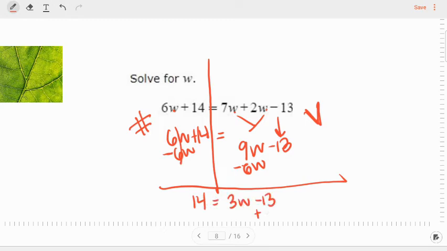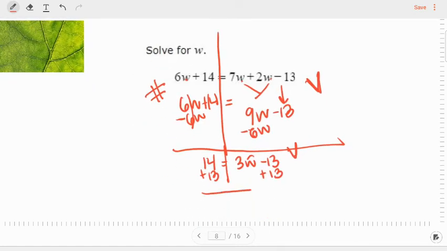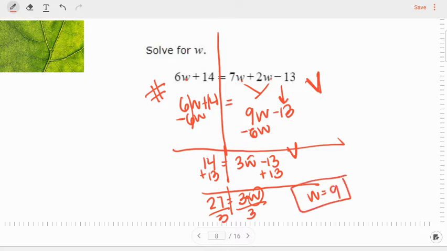And then, since this is my variable side, get rid of anything that doesn't have a variable. This is minusing 13, so I'm going to add 13. Total everything up. I get 27 is equal to 3w. I'm going to get w by itself by dividing because that's multiplication, and I'm left with w is equal to 9. A lot of 9s on this problem.